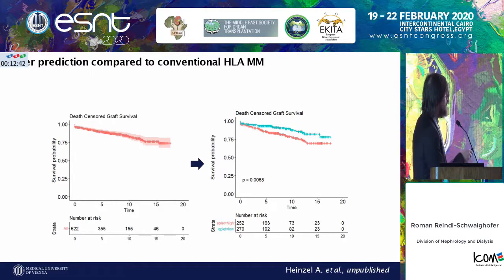And in our cohort, we then specifically looked at individuals with an A mismatch level of 3, and we could further separate risk that can be attributed to the epitope level within this HLA serotype mismatch level group. So this epitope mismatch gives us additional information about the risk for a detrimental alloimmune response that can be translated into long-term graft outcome.